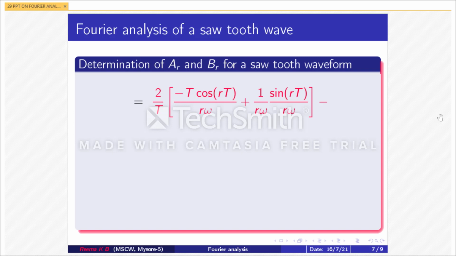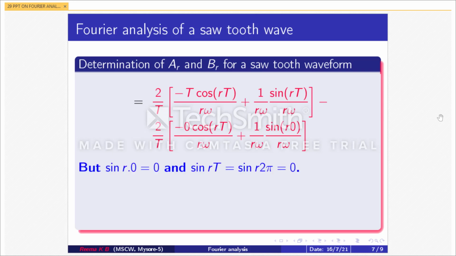This comes around to 2 by T of minus T cos of rT by r omega plus 1 over r omega sin of rT by r omega minus 2 by T of minus 0 times cos of rT divided by r omega plus 1 over r omega sin of r into 0 divided by r omega.